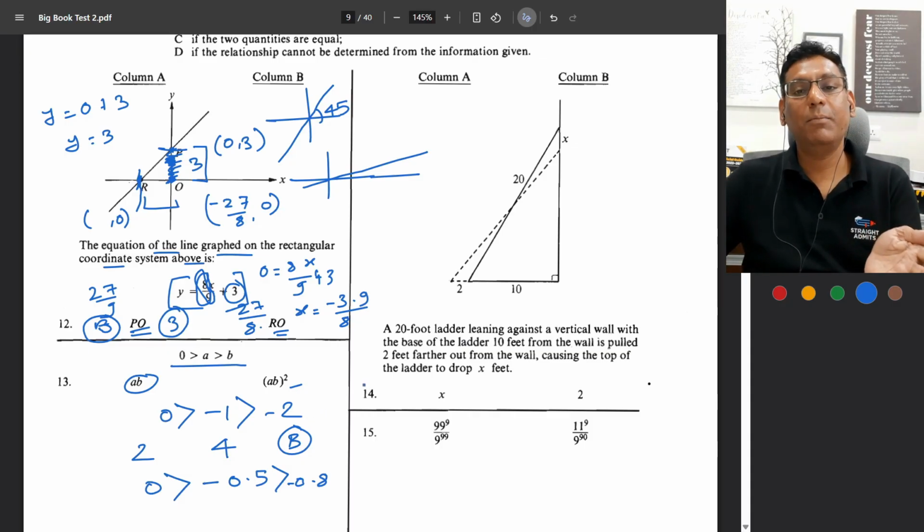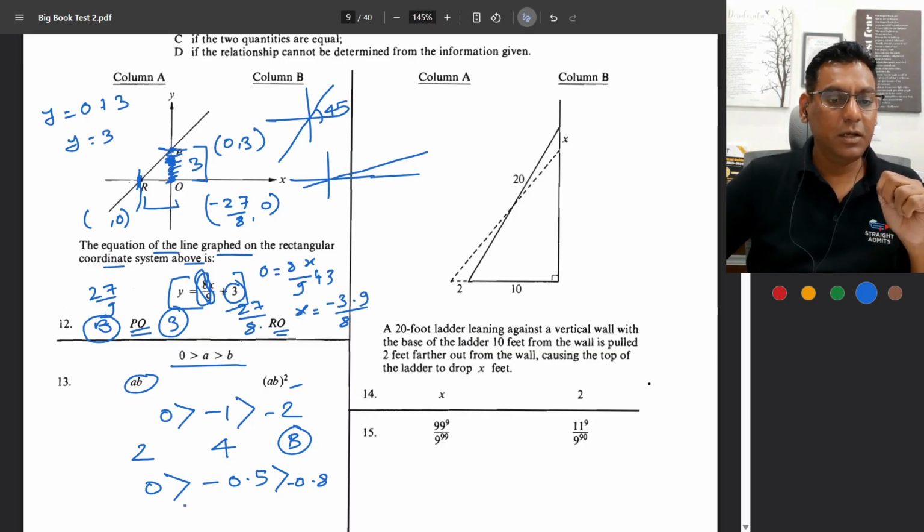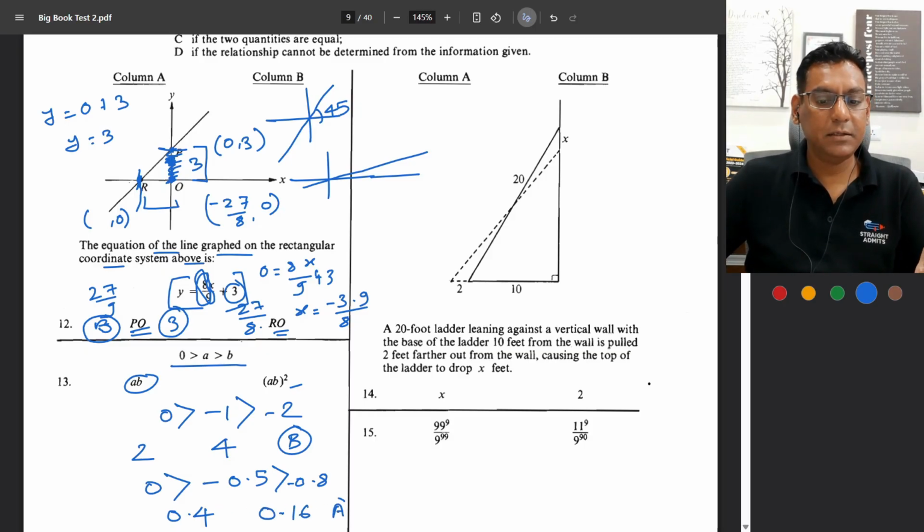When you square a number greater than 1, you get a bigger number. So I want to take that into consideration. AB here is going to be 0.5 into 0.8, negative negative becomes positive, so I get 0.4. AB square, I get 0.16. Now here I get answer as A. I'm not getting a consistent answer, that means the answer has to be D.